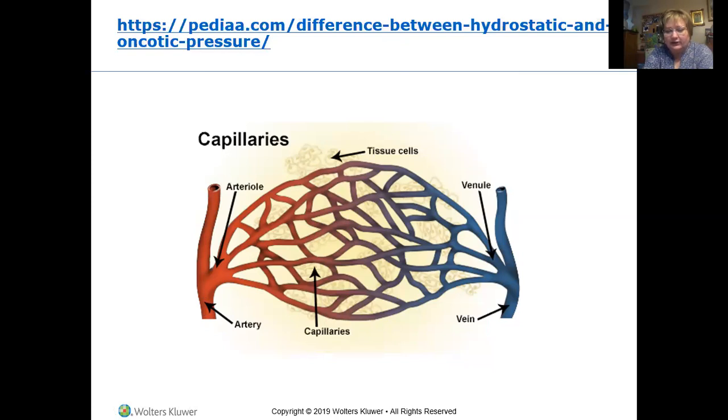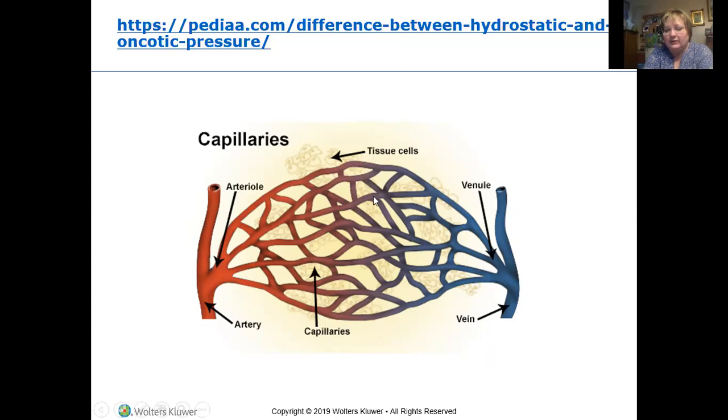Red blood cells and white blood cells, for the most part, stay inside the vascular system. But what's being pushed out? Fluid is being pushed out, and along with the fluid, oxygen and nutrients. Our tissue uses all of that oxygen and nutrients.